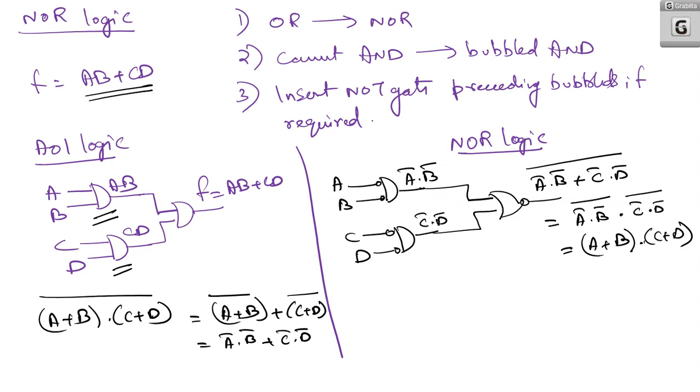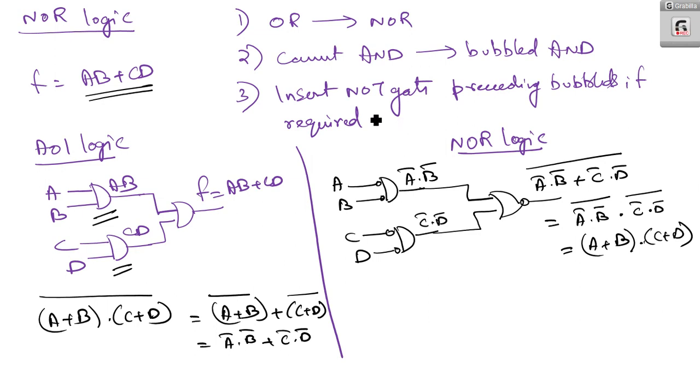Now if I am doing it in a different track like this, here we are getting A bar dot B bar or C bar dot D bar. So how to handle this case? Here we get A or B dot C or D, so you are actually getting the dual.